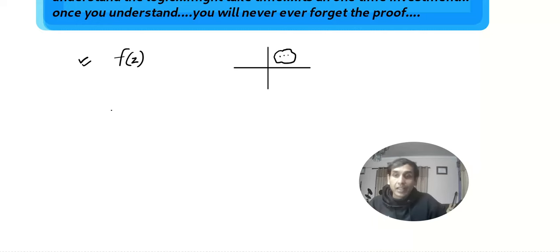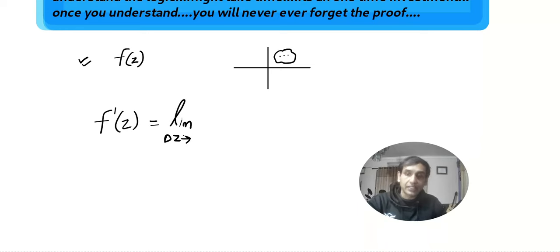And if a function is differentiable, then this limit will exist. So you can start like this. Assume f(z) = u + iv is analytic.